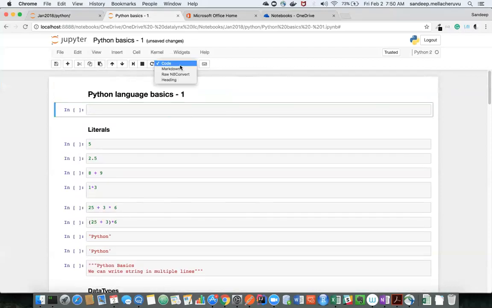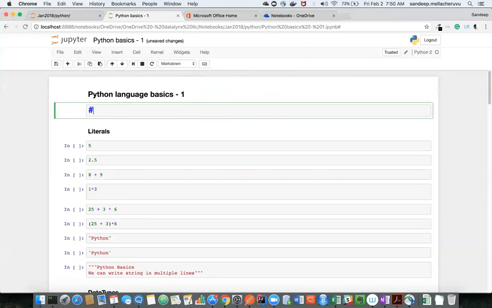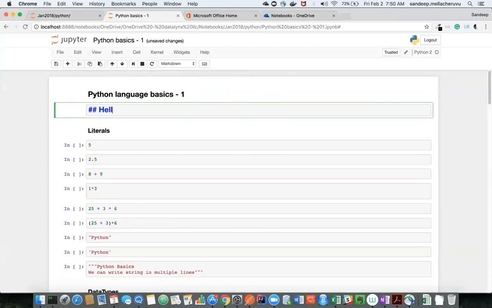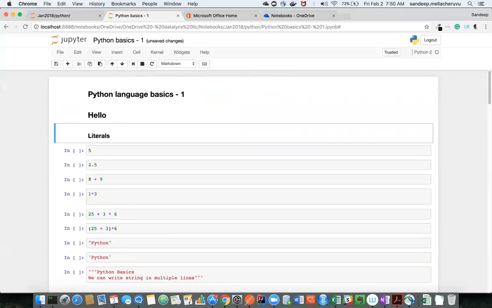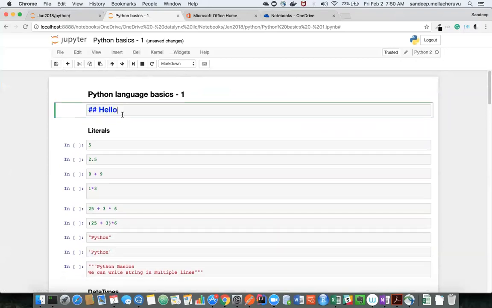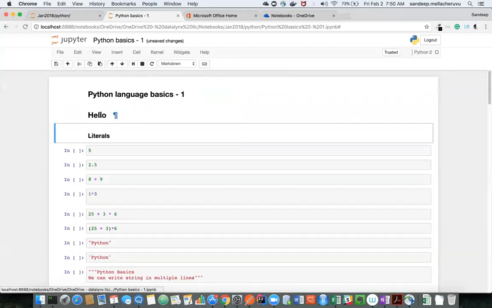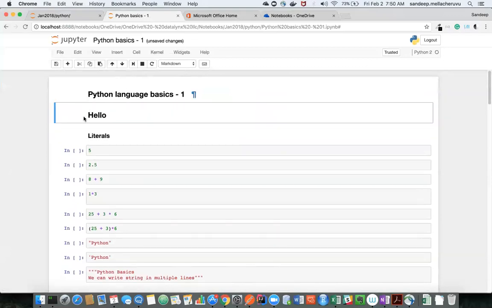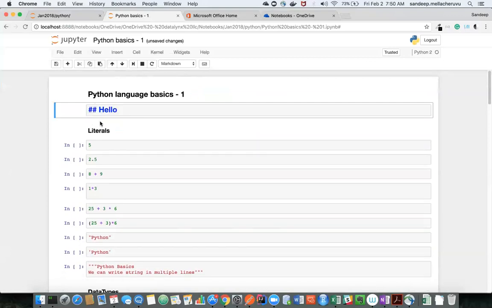But if you want to make it markdown, convert it into markdown, then you can type. Once you type, it is still blue, right? You have to press shift and enter. Only then it will become this kind of text. Otherwise it will be like this. Is that okay? Are you able to do that now?